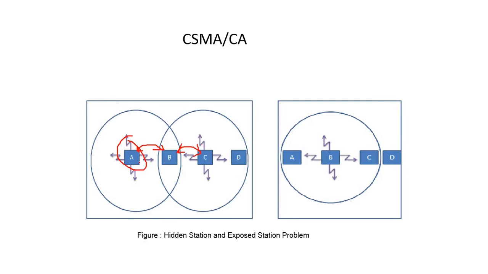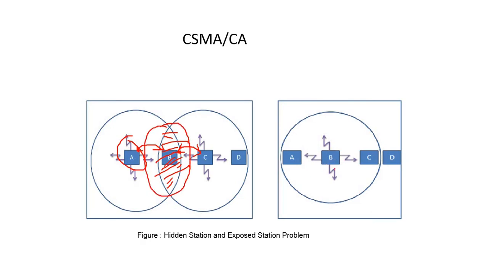Get it? So B will start receiving data from both A and C. During this period there is a collision. So we want to avoid the collision from this portion.